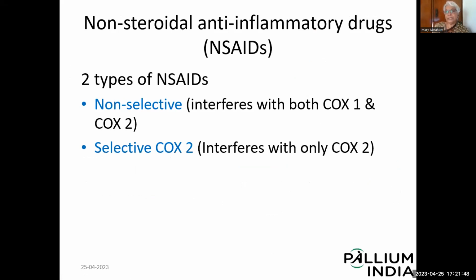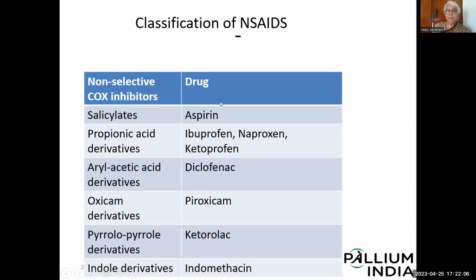Now, non-steroidal anti-inflammatory drugs exist in two types. One is the non-selective, which is interfering with both COX-1 and COX-2. It has the undesirable and also the beneficial effects. And the selective COX-2 inhibitor interferes only with COX-2. Now, if you look at the classification of the non-selective COX inhibitors, you have the salicylate, which is aspirin.